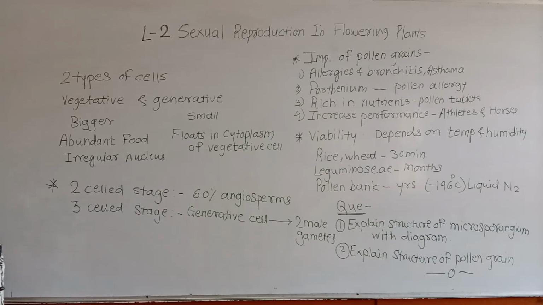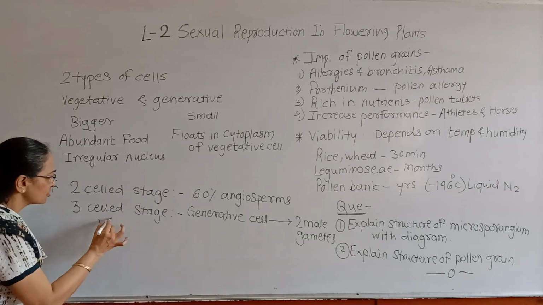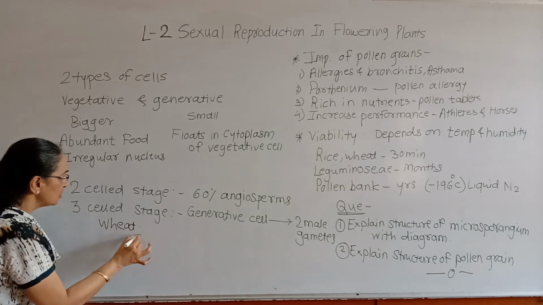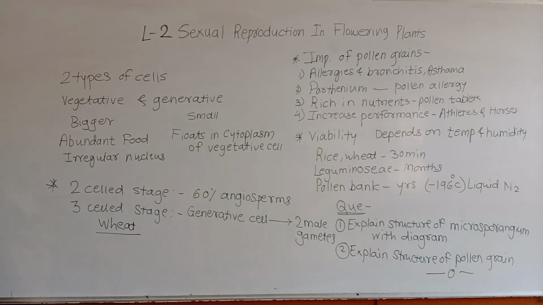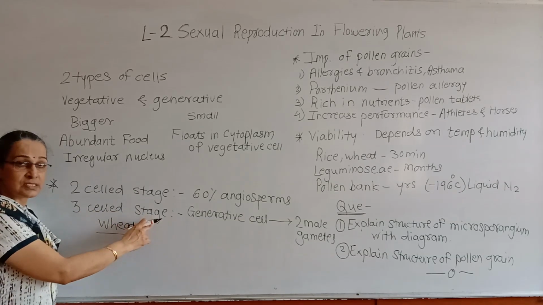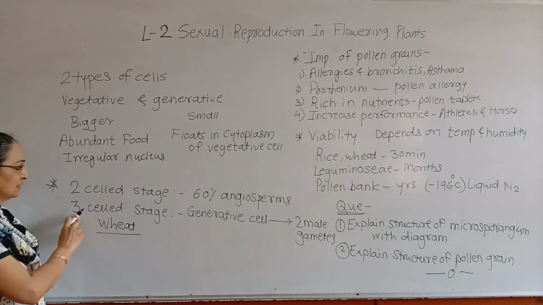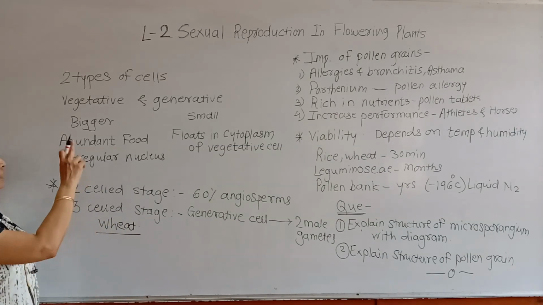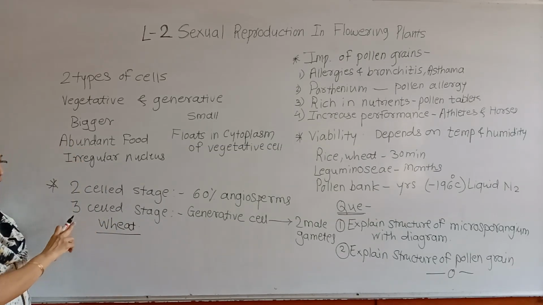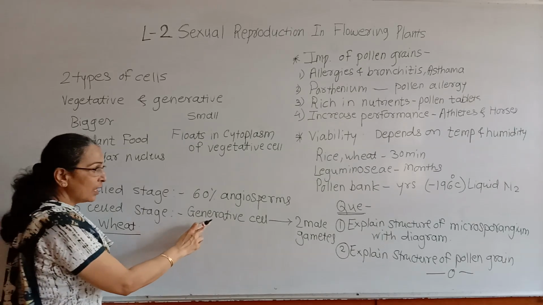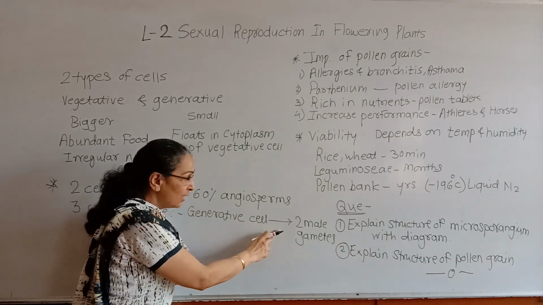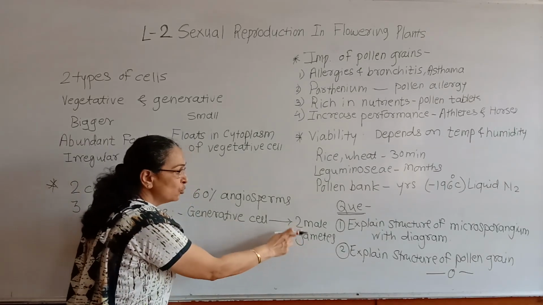While there are certain plants like wheat which shed the pollen grains at 3 cell stage. Now what is the difference in this? In this, no doubt there is a vegetative cell, and the generative cell undergoes division and produces two male gametes.